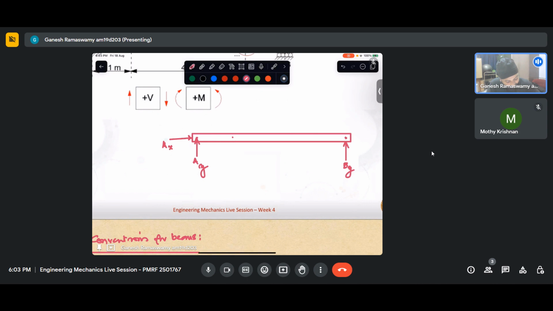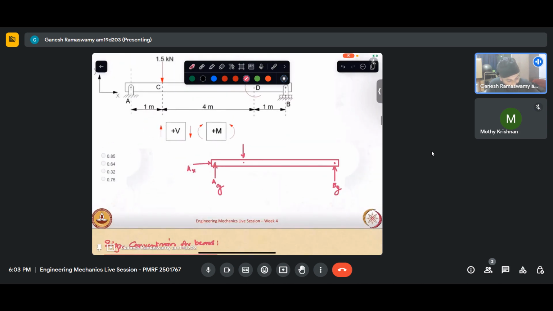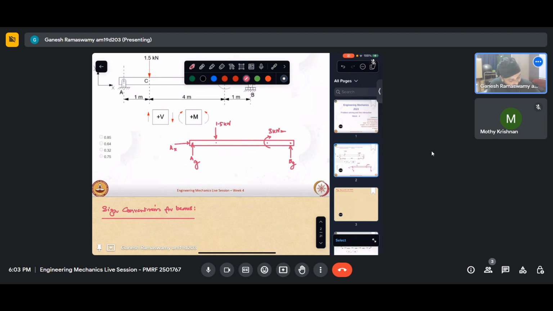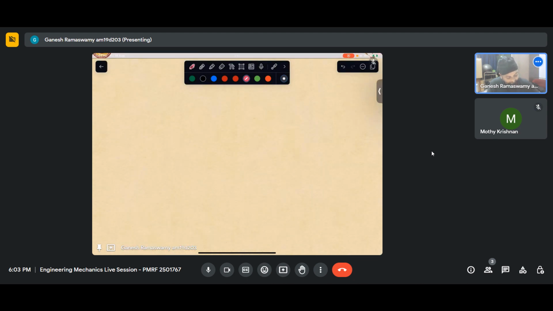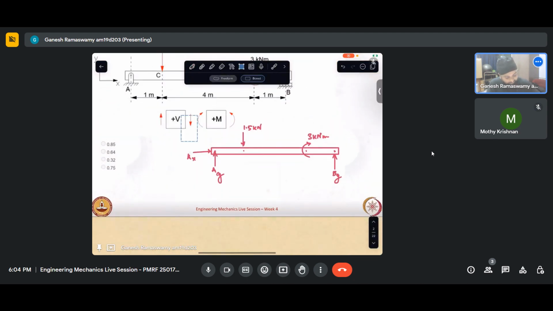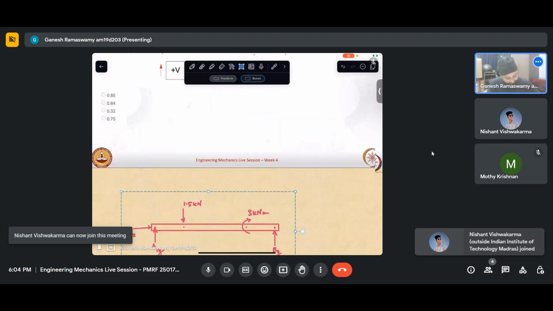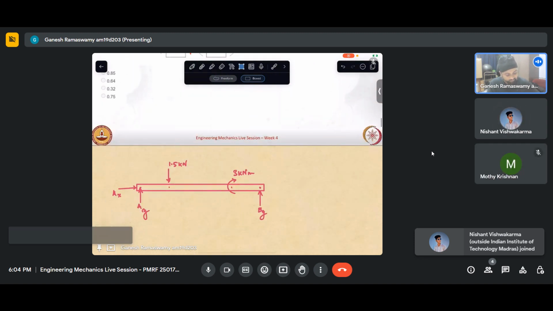At this point, the concentrated load of 1.5 kilonewtons is applied. And at some other point, I have a clockwise couple of 3 kilonewton meter. So this is my free body diagram. I'll shift that free body diagram here.